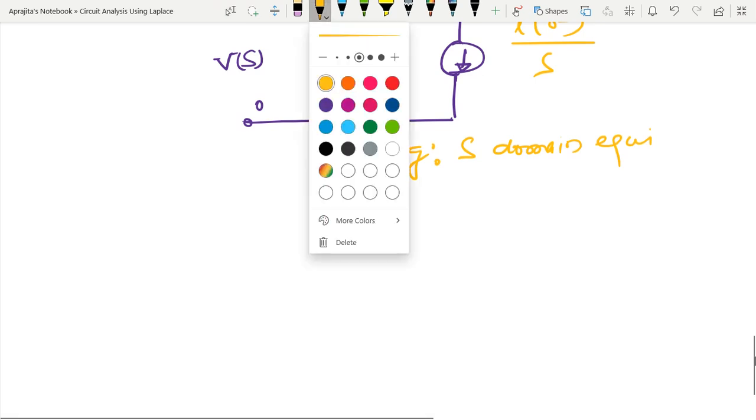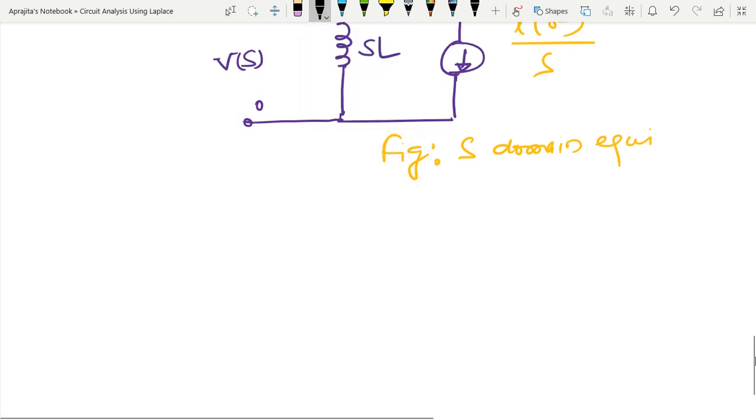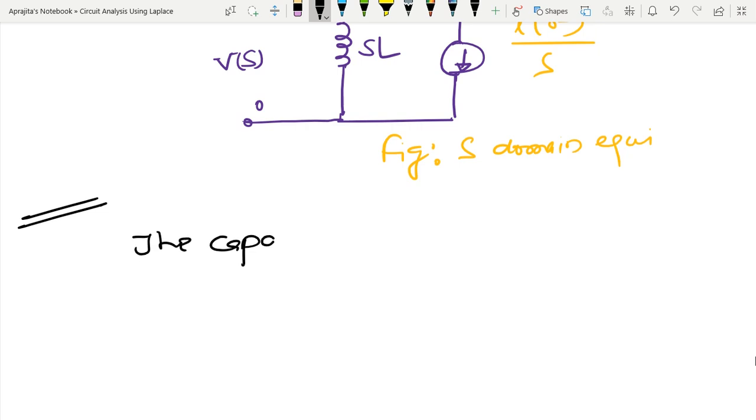And the third element is the capacitor. So I am going to talk about the capacitor, and again first try to see the relation between current and voltage.